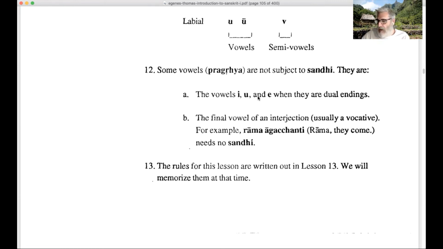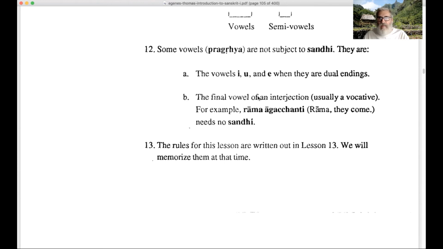Whenever the first word is a dual ending, we parse the word and see it's not singular, not plural, but dual. If it's a dual ending and it ends in a short I, a short U, or an A, then we don't worry about the vowel that starts the next word. We just leave it alone. This is an exception.